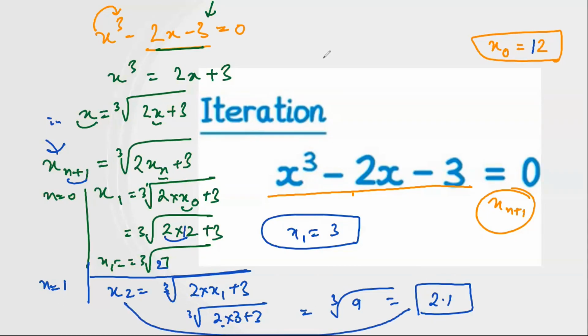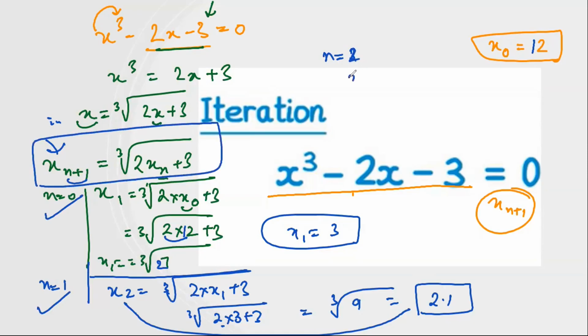Similarly, now I will put n equals 2. 0 works out, 1 works out, now n equals 2. So when I put it in the general formula, 2 plus 1 is 3, equal to cube root of 2 times x2 plus 3.